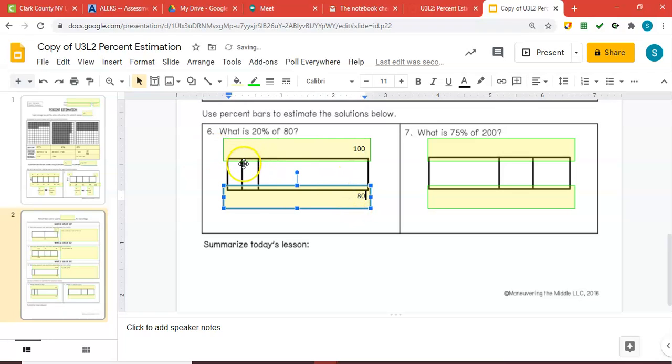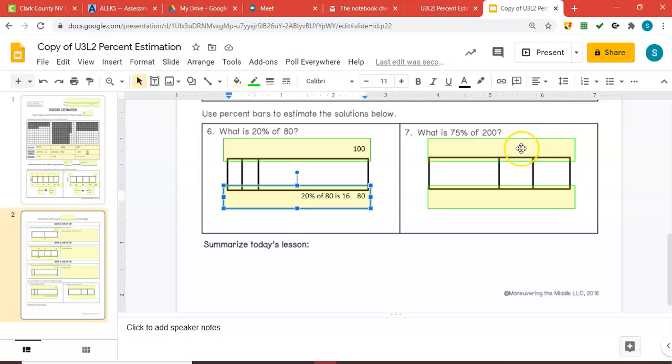Well, if we wanted like 10%, we could just divide it by 10. So this one would be 8. So 10 corresponds to 8, and 20 corresponds to 16. All right. So 20% of 80 is 16. Right? Because this first 10% would be divided by 10, so that's 8, and then another 10% would be 16.